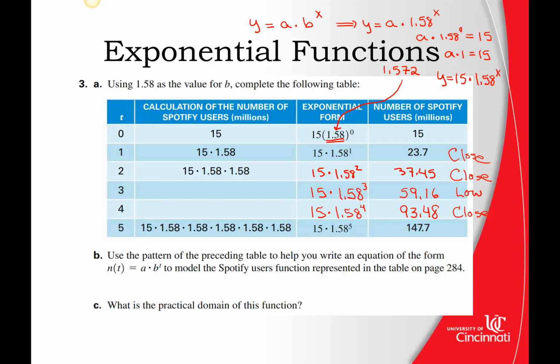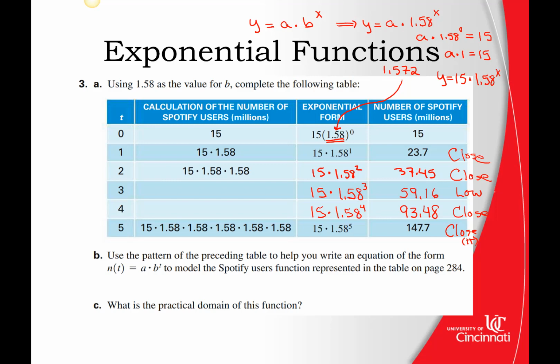Once again, it's close. This one's a little bit high. And the others were all low, weren't they? Okay. So our model is starting out growing a little too slowly, and then it starts growing a little bit too fast. It's kind of like Goldilocks and the Three Bears. Some are a little too small, some are a little too big. You get that idea. Okay, does that make sense how this works?